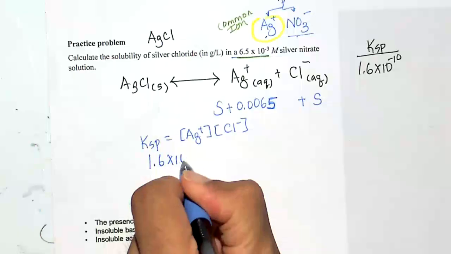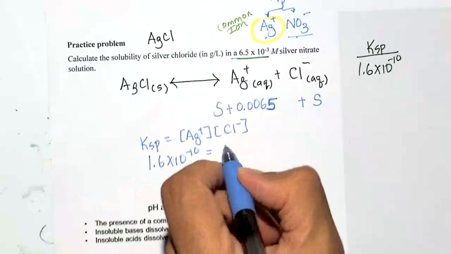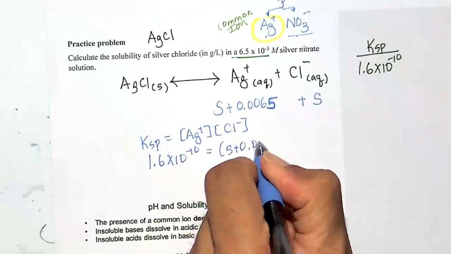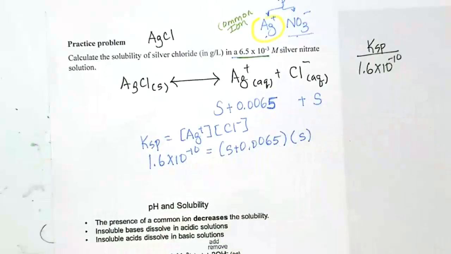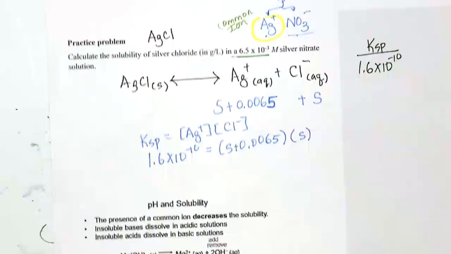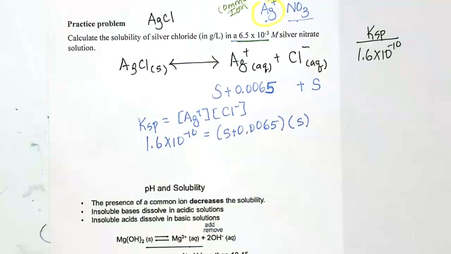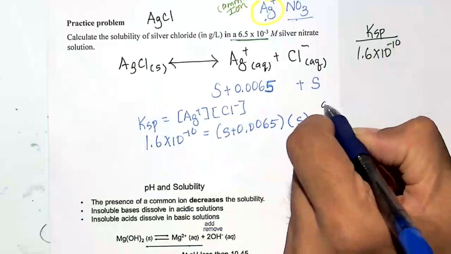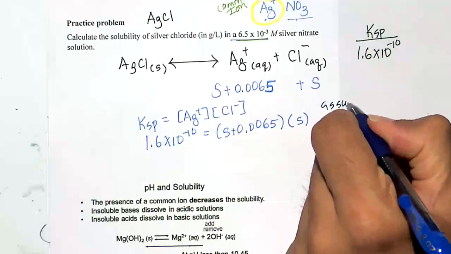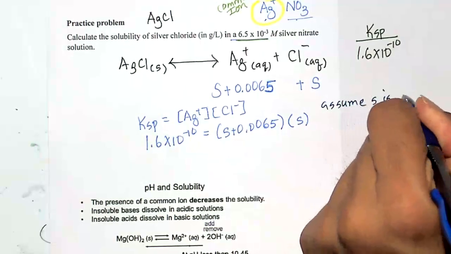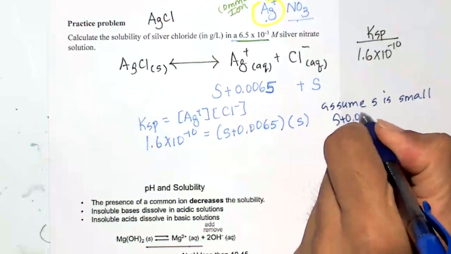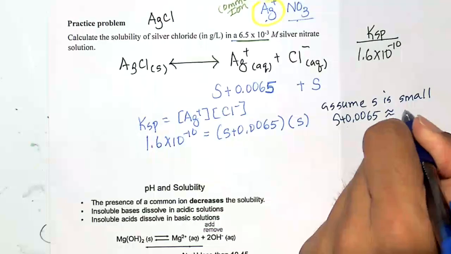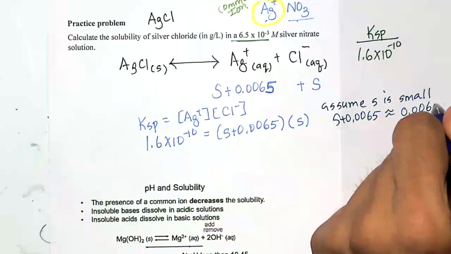KSP is 1.6 times 10 to the minus 10 equals S plus 0.0065 times S. Here we'll assume S is small, so S plus 0.0065 is 0.0065.